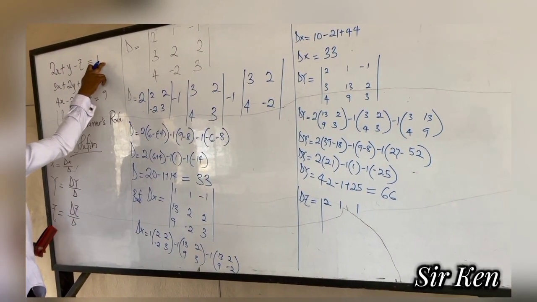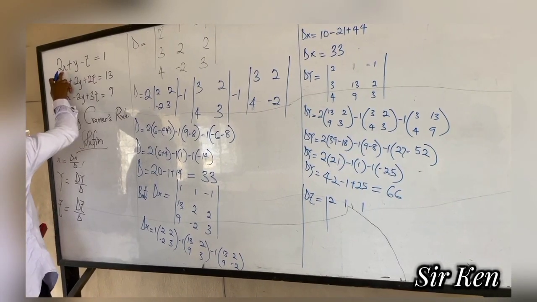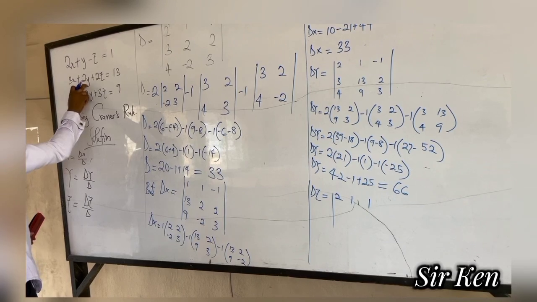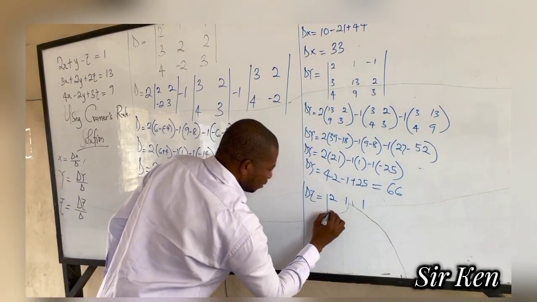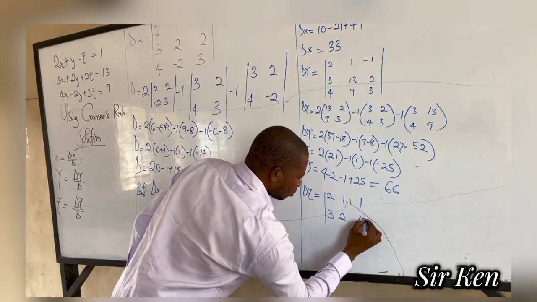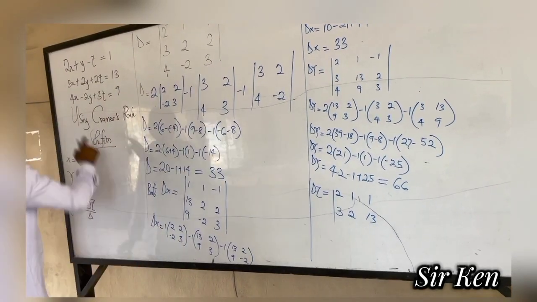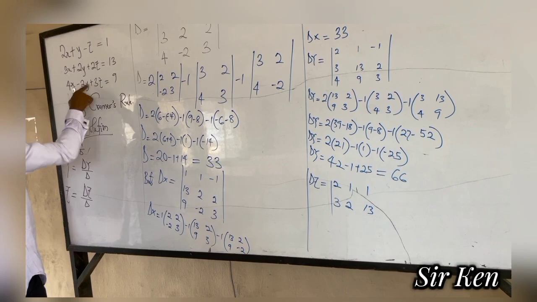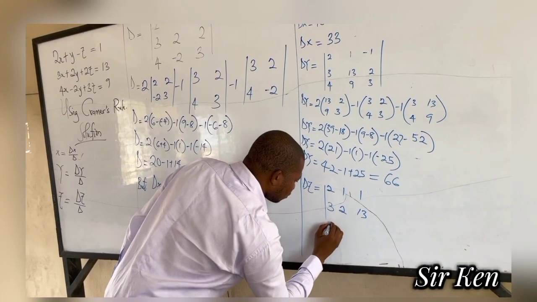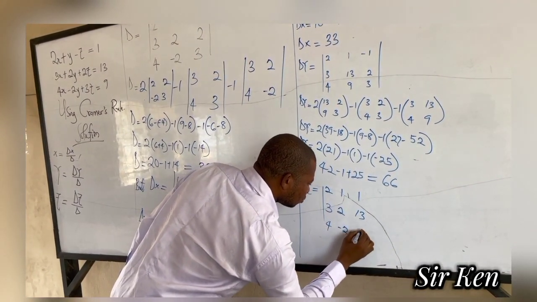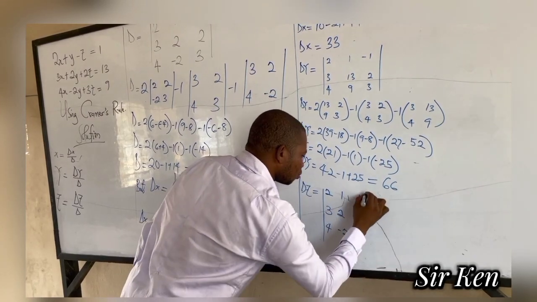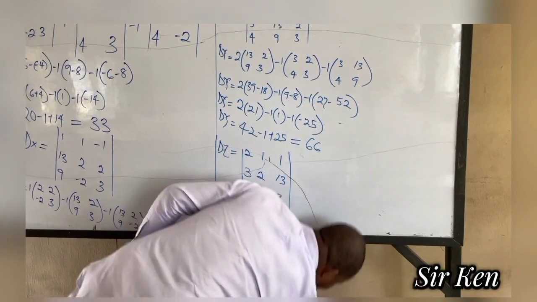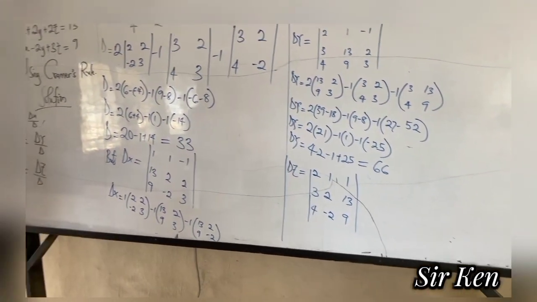Yeah, because we are dealing with z now, I don't need this. So coming here, I have 3 2 13, and then finally 4 minus 2 9. This is what you're going to have for the z.